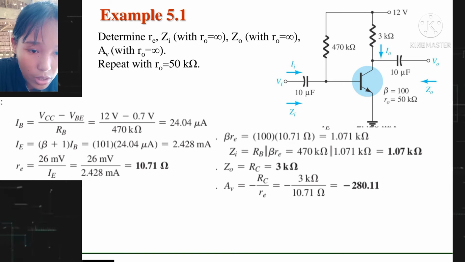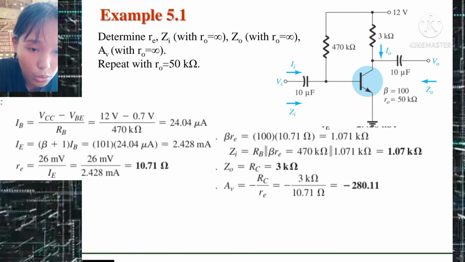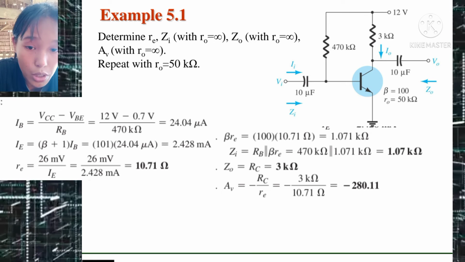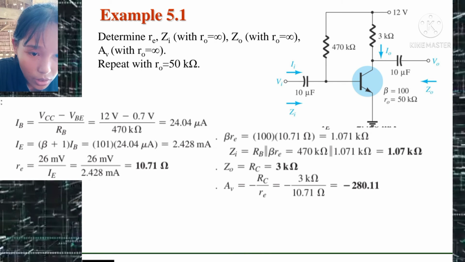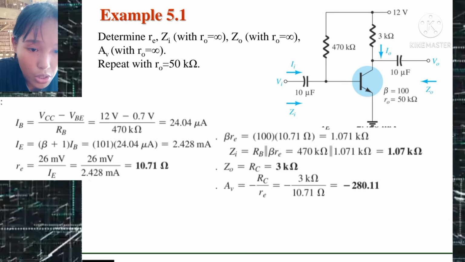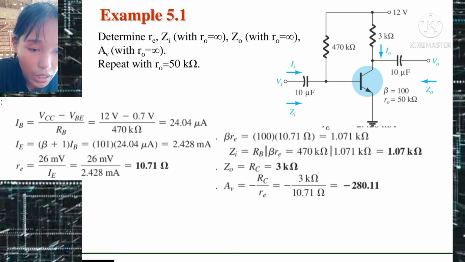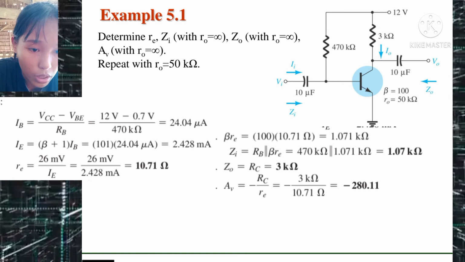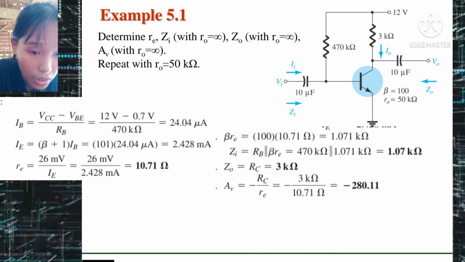Then for part c, Zo is equal to RC, which is equal to 3 kilo ohms. And for our Av, which is equal to negative RC over re, this is equal to negative 3 kilo ohms divided by 10.71 ohms, and by simplifying, is equal to negative 280.11.